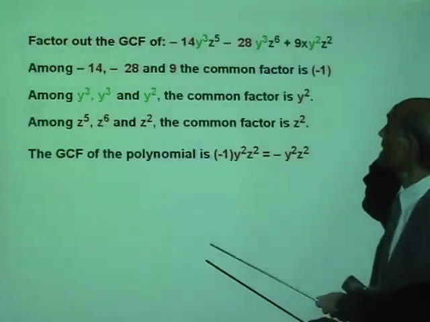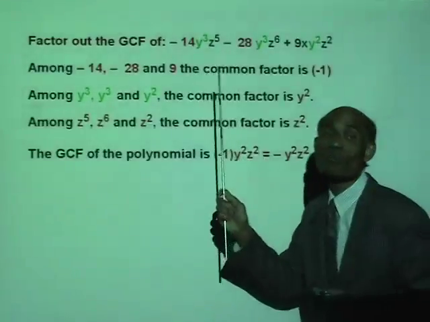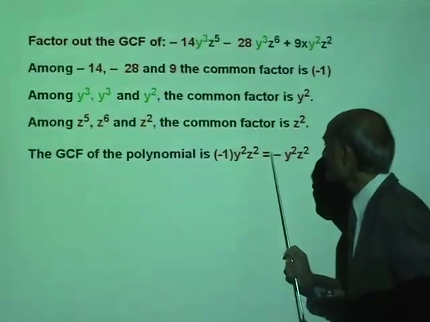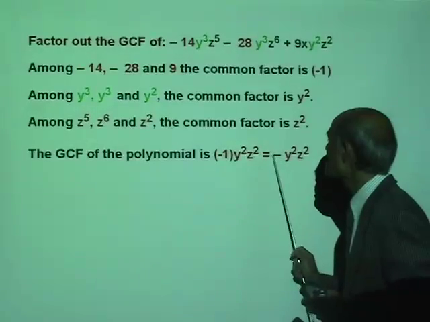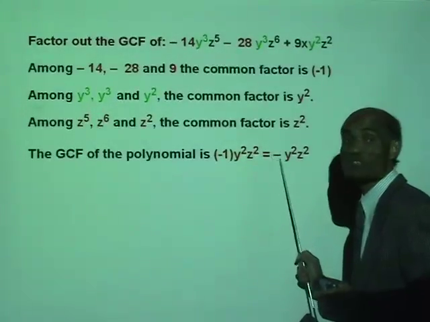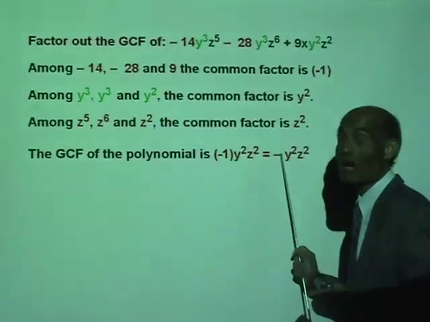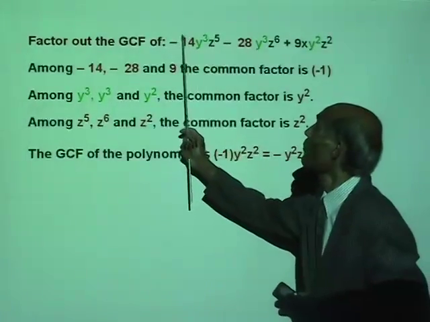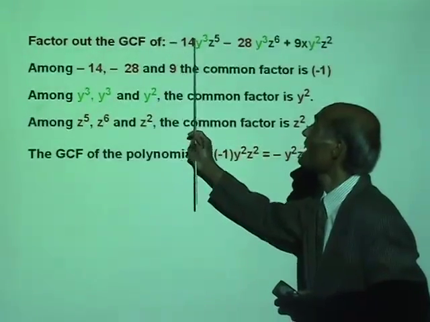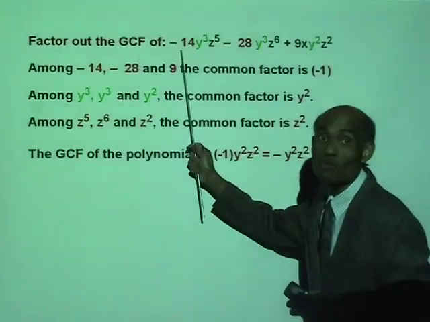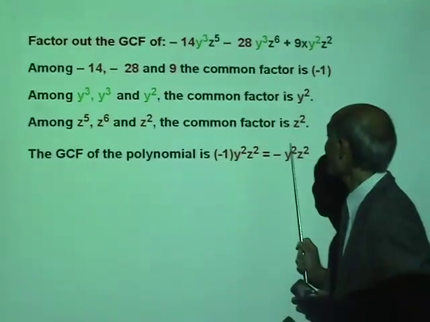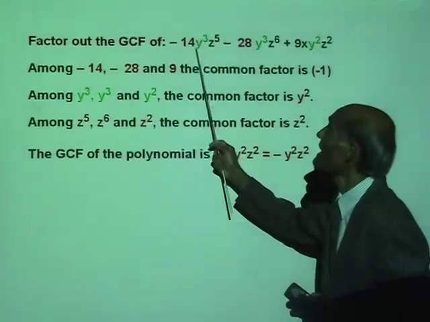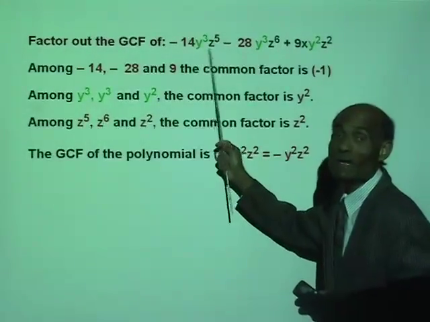Alright, can you tell me what will be remaining? Can we do some mental exercise? After we factor out a negative 1, you see the negative sign stands for a negative 1, what is left in here is a positive 14. After you factor out a y squared, what is remaining there is a y.